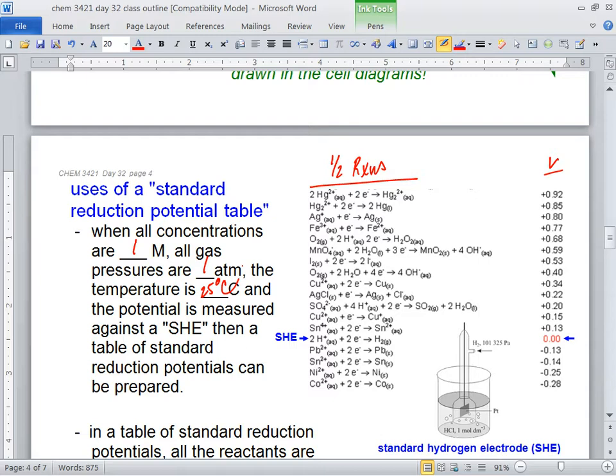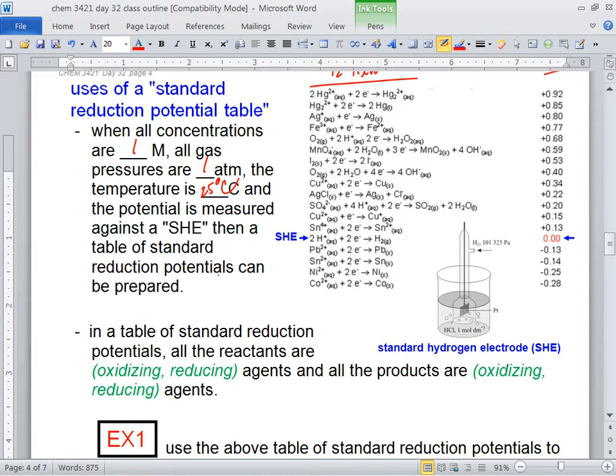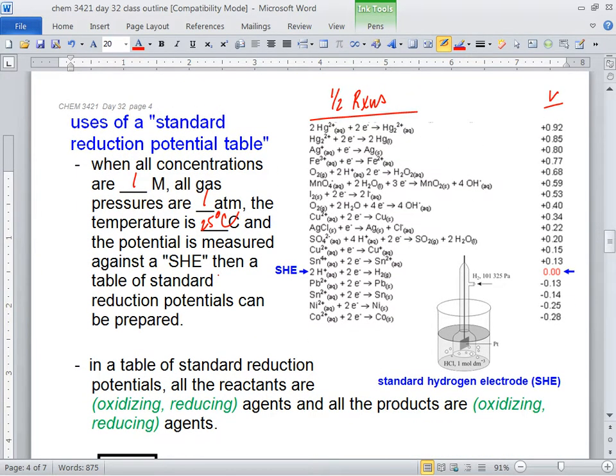So that's how you make the table. In a table of standard reduction potentials, can you see these arrows here? So that means there's reactants, there's products. For every single one, there's an arrow in there. In a table of standard reduction potentials, all the reactants are blank agents. You can pick one.